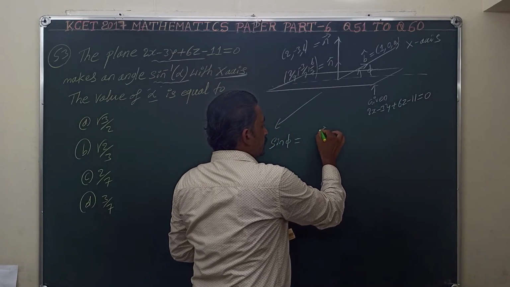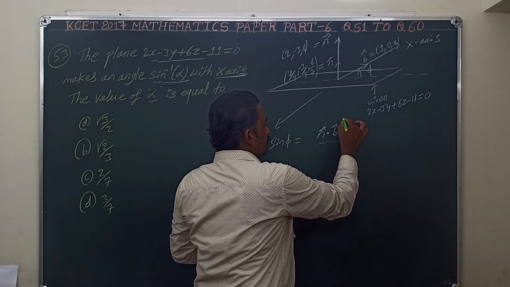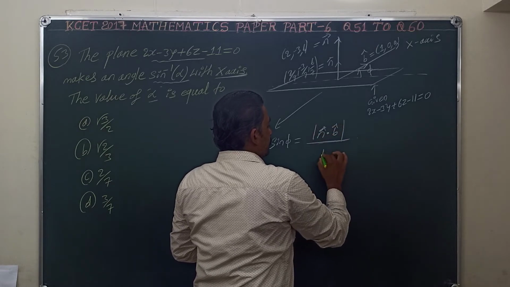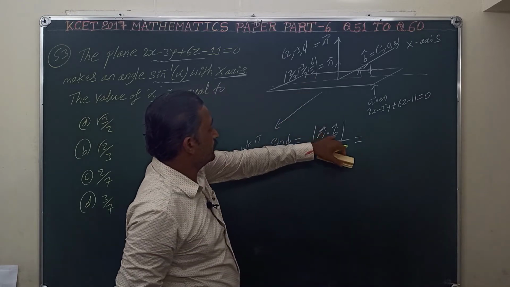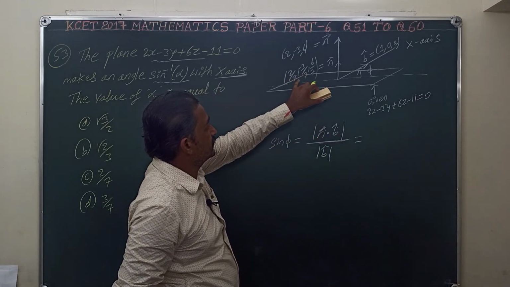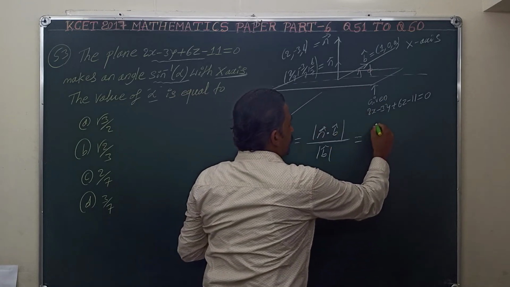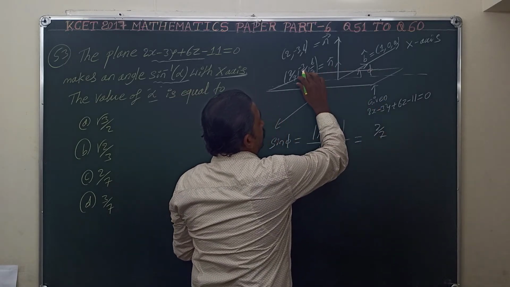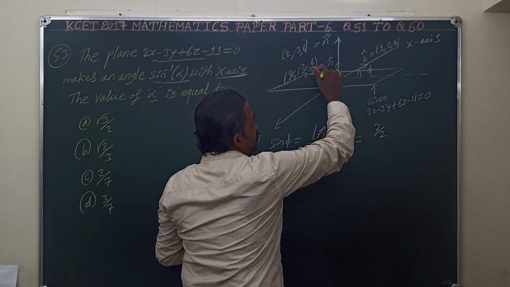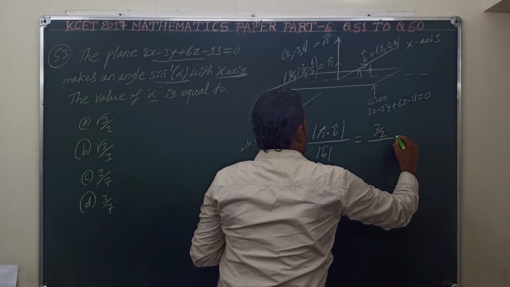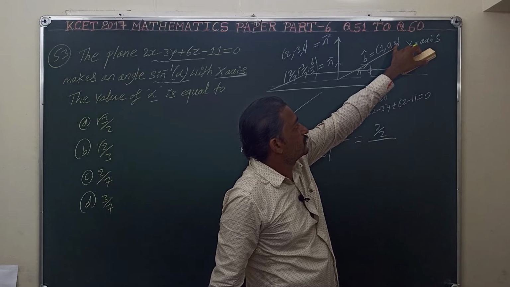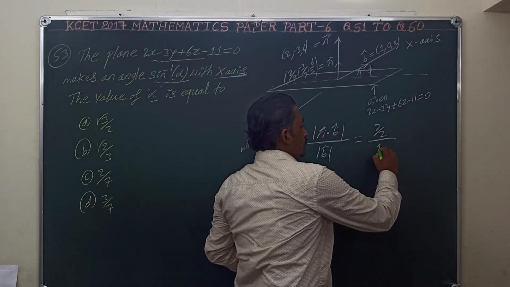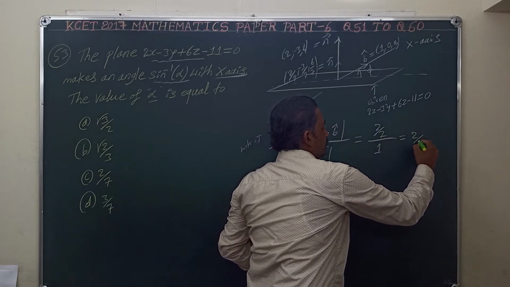So n cap dot b cap means 2 by 7 into 1, that is 2 by 7, remaining all are 0: minus 3 by 7 into 0, 6 by 7 into 0. Magnitude of b is square root of 1 square plus 0 square plus 0 square, nothing but 1. So 2 by 7 into 1 is 2 by 7.